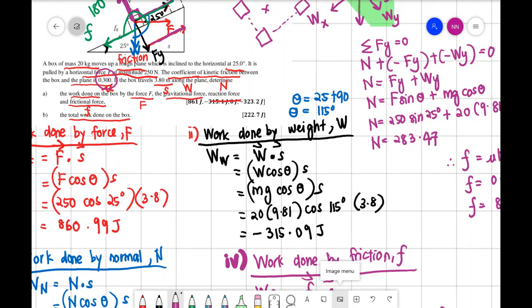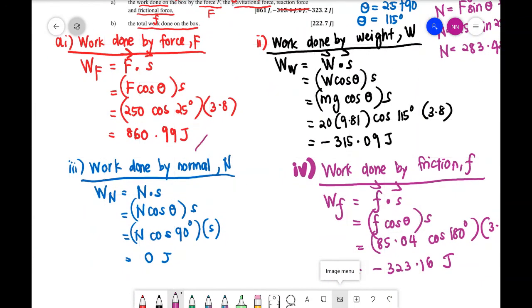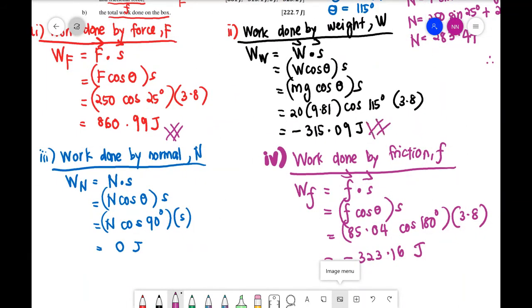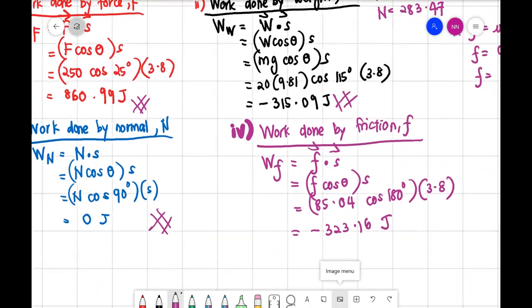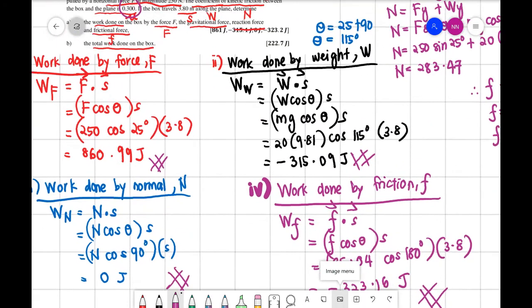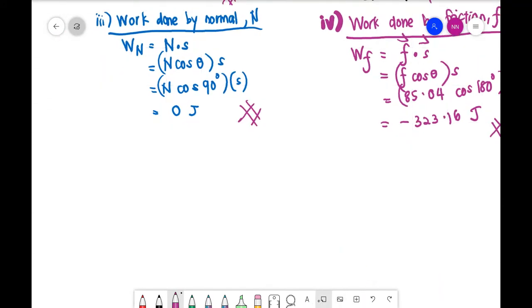Alright. So we already calculated work done by the force F, work done by the weight, work done by the normal force, and work done by the frictional force. And then question B, the total work done. Because we already calculated all the work done by each force, we can use this one.